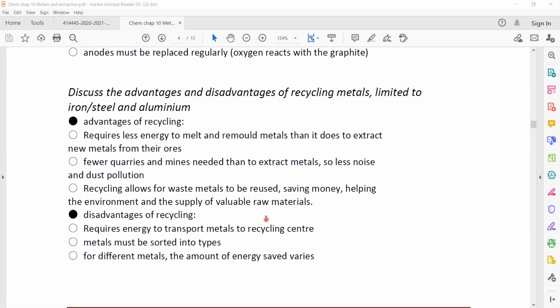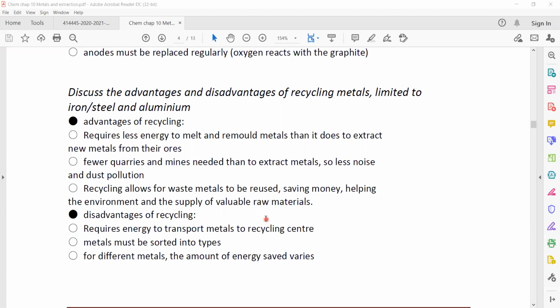You just have to learn the advantages and disadvantages, but not the process of how it is done. So the disadvantage of recycling metals such as iron, steel or aluminium is that it requires energy to transport, and sorting is needed.